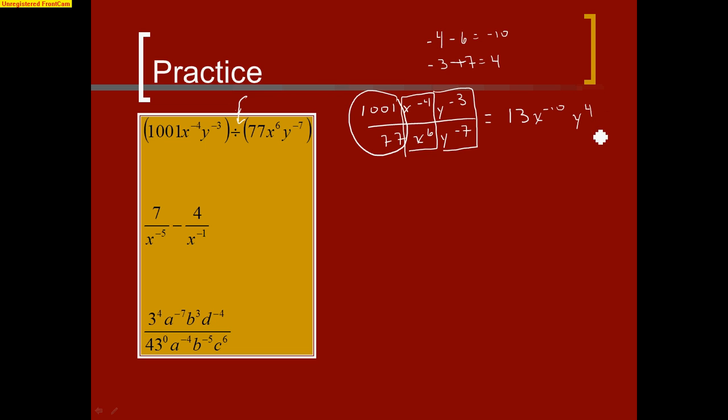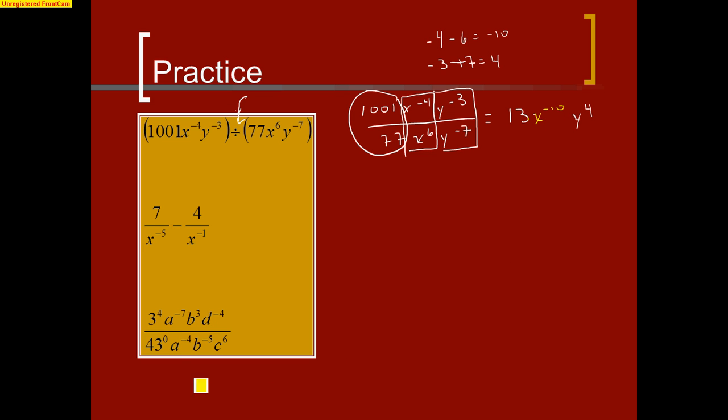If there are no instructions, just say simplify, you're done, full credit. But sometimes there are rules that say leave no negative exponents in your answer. So I got a problem. I got negative exponents here.